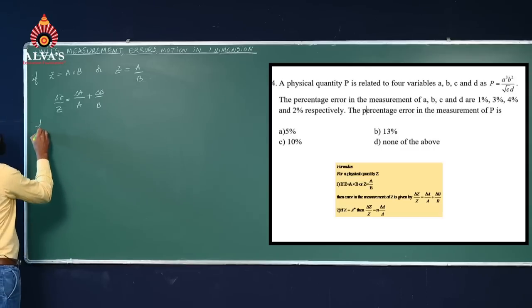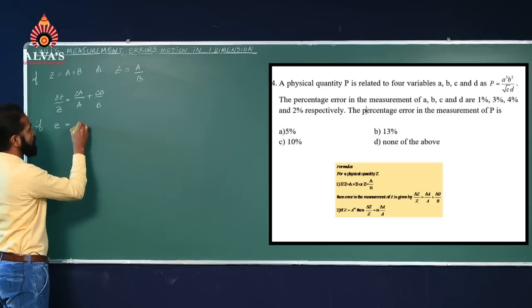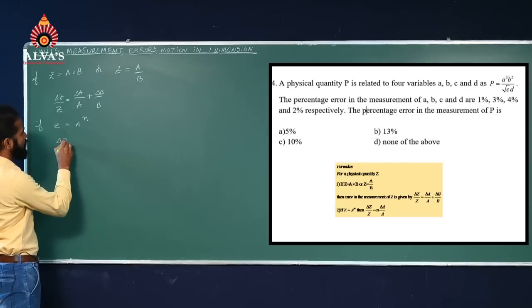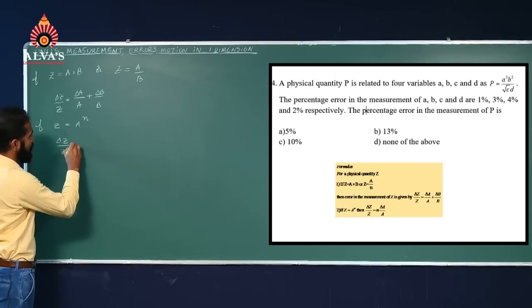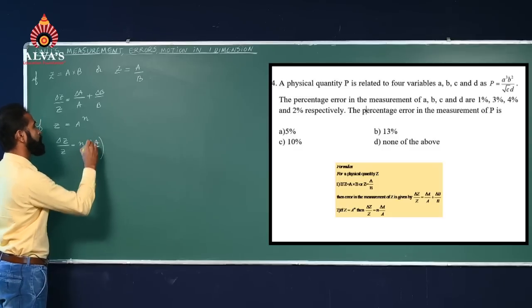But suppose the physical quantity Z is given as a power of another quantity, Z equal to A to the power n, then the percentage error in the measurement of Z is given as n times delta A divided by A.